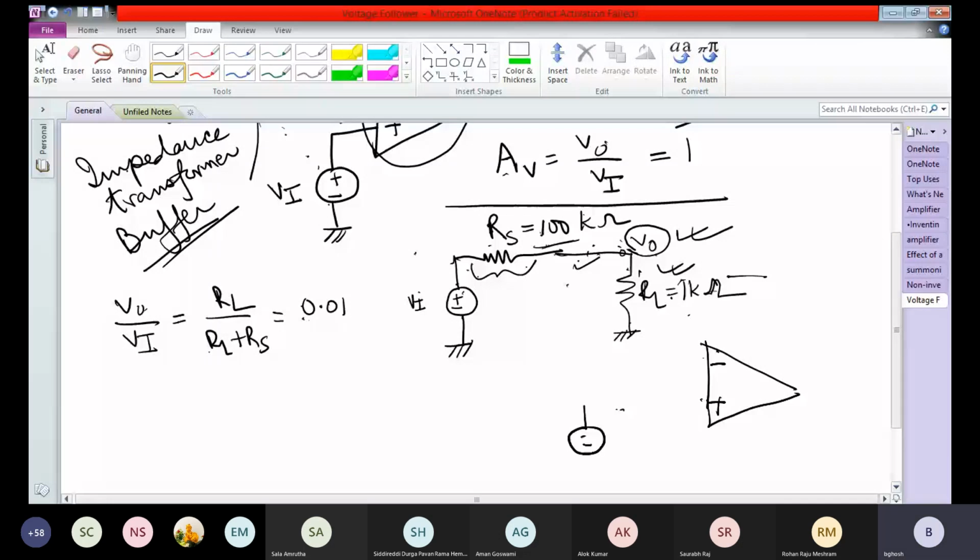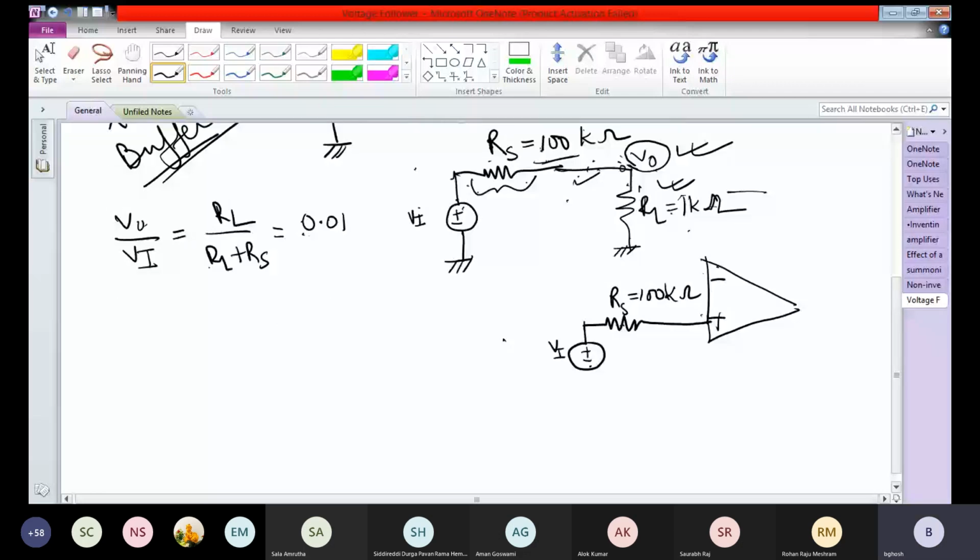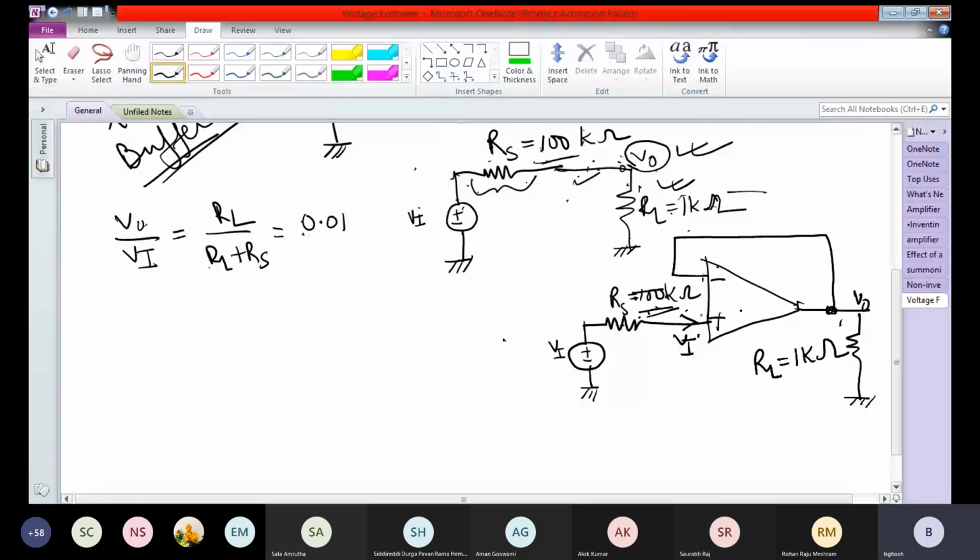If I now connect the same input signal, the input voltage with this source resistance RS of 100 kilo ohm, to this point, and then connect this with the output, with RL as a 1 kilo ohm load, then you see the entire voltage Vi falls here, because the input resistance of the operational amplifier, seen at this point to the right side, is much higher than RS, equal to 100 kilo ohm.